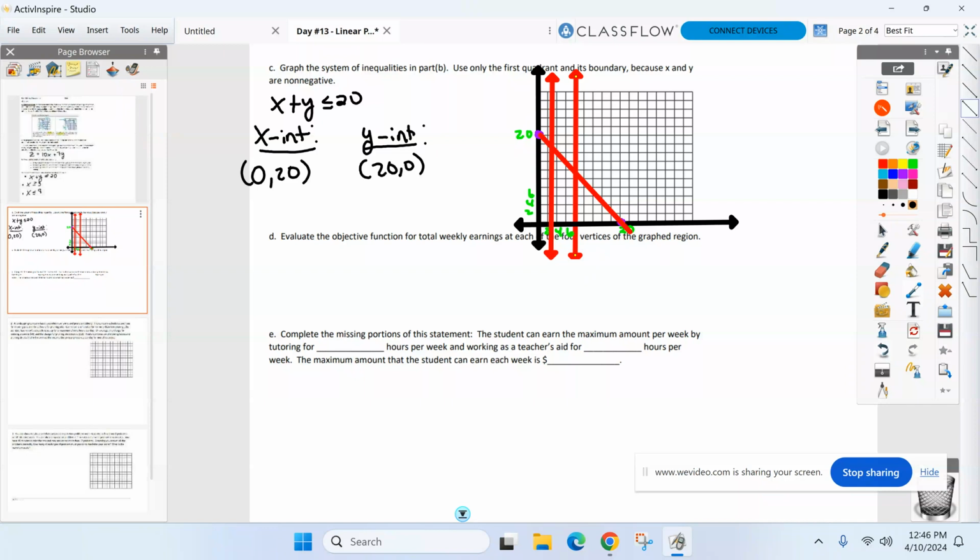See where your solution is, and then we'll move on.